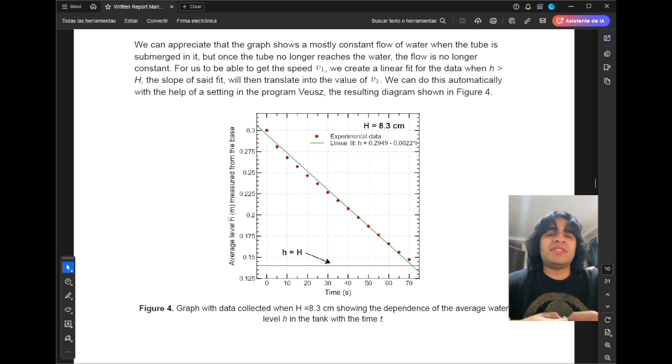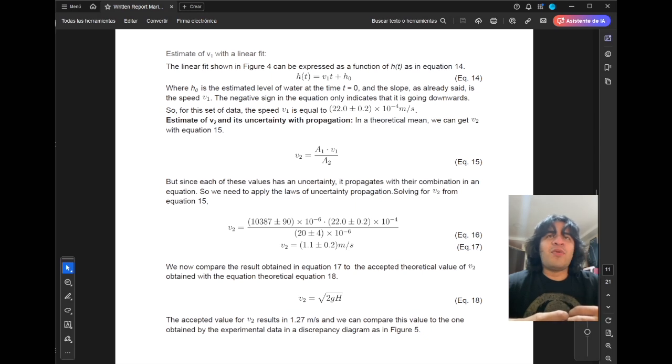Using the continuity equation, we can now input the values that we obtained with the respective uncertainties into equation 15 to obtain our value for velocity 2. And the value we obtain is 1.1 plus minus 0.2 meters per second. Using Torricelli's theorem, the theoretical value for velocity 2 is 1.27 meters per second.